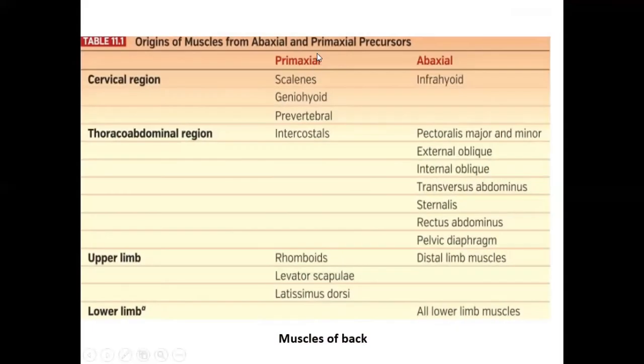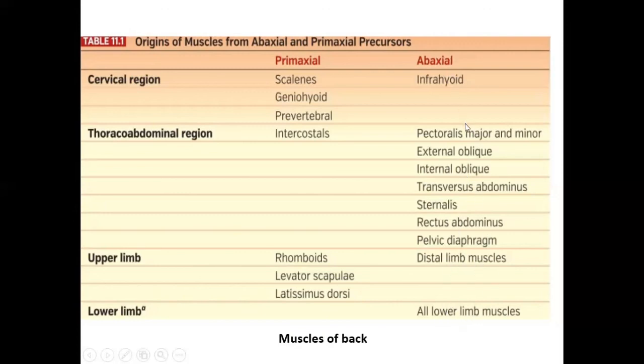This is the table which shows the derivatives of the primaxial domain and abaxial domain. In the cervical region, these are the muscles that come from the primaxial domain, and if we see, the maximum muscles are the muscles of the back and around the vertebra, and these are the body wall muscles, abdominal muscles, thoracic wall muscles, and these are the limb muscles.